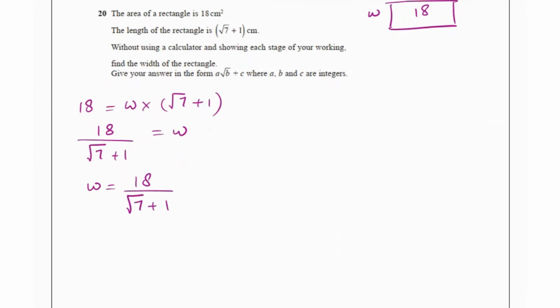To rationalize the denominator, we're going to multiply and divide the fraction by the conjugate of the denominator, which is root 7 minus 1. Everything else will be the same as it is in the denominator. What changes is the sign in the middle. So if it's plus originally, you write minus. Then you multiply the numerator with the numerator and denominator with the denominator, which leaves us with this.